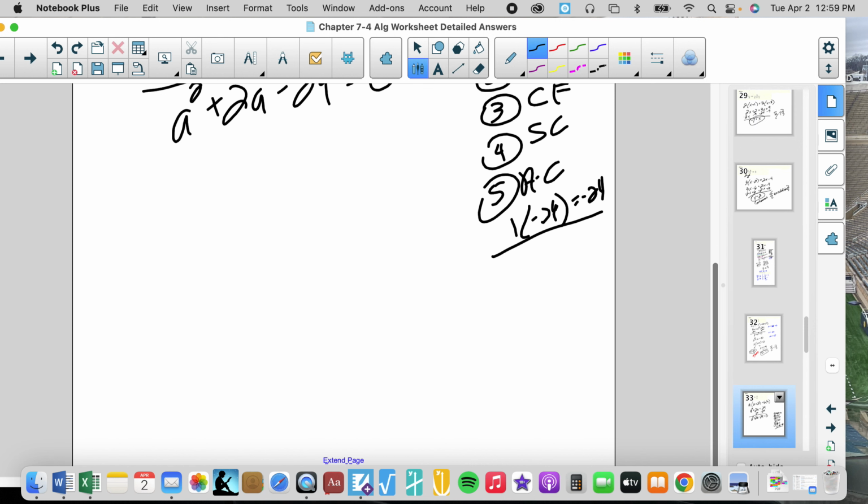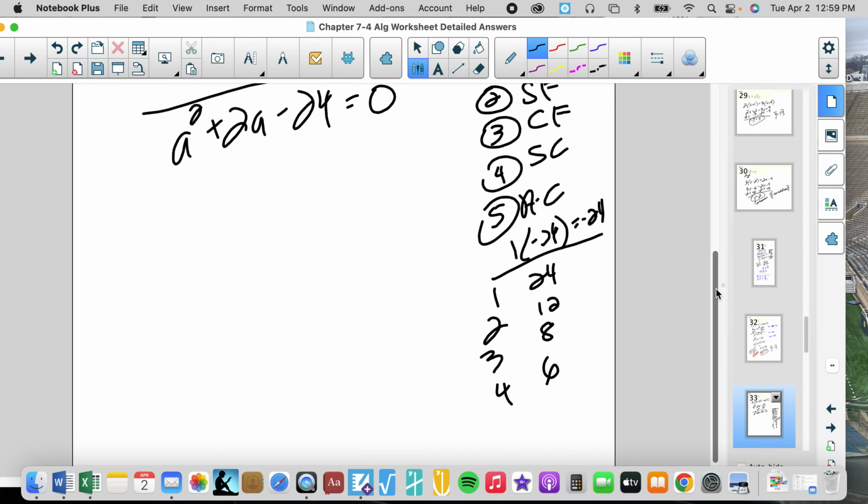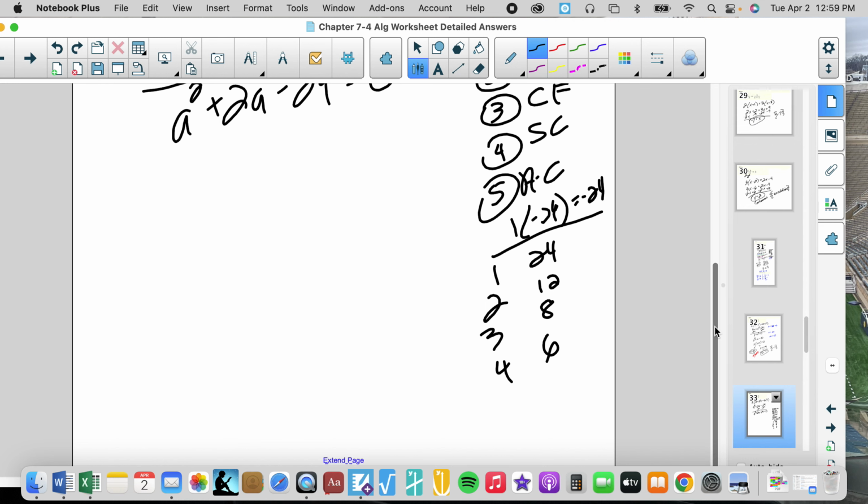Factors of 24 are 1 and 24, 2 and 12, 3 and 8, 4 and 6. Negative, so the signs have to be different. And the bigger is positive because when I combine my outside and inside, I'm left over with positives. So they have to be different in order to get that negative.